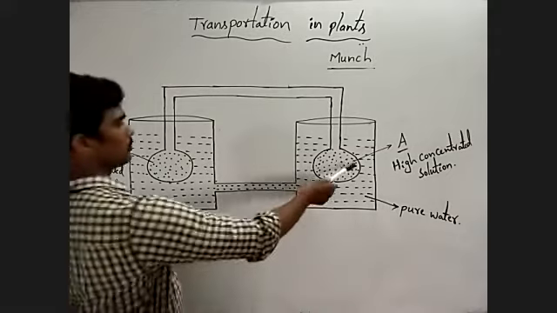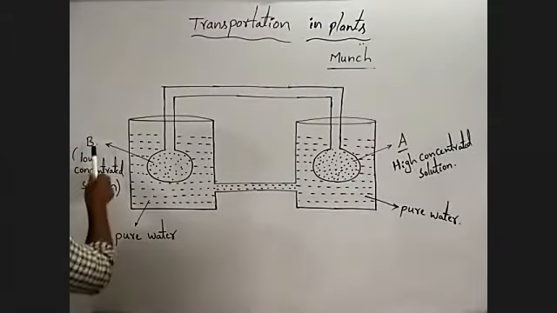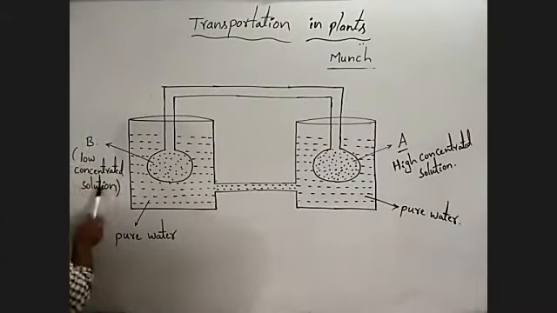When compared to the solution present in osmometer A, osmometer B has the low concentrated solution.